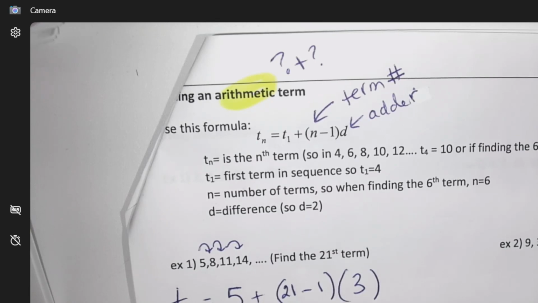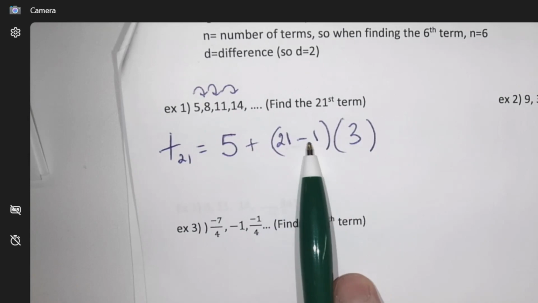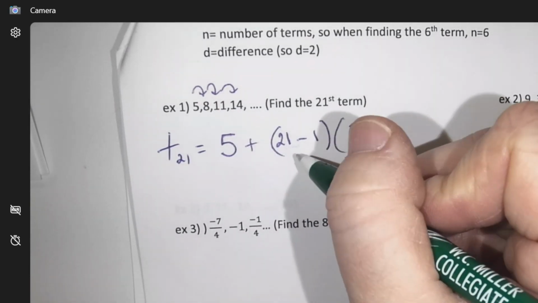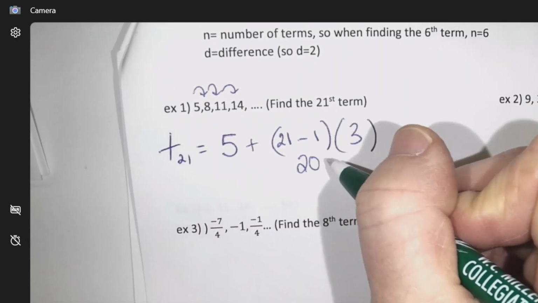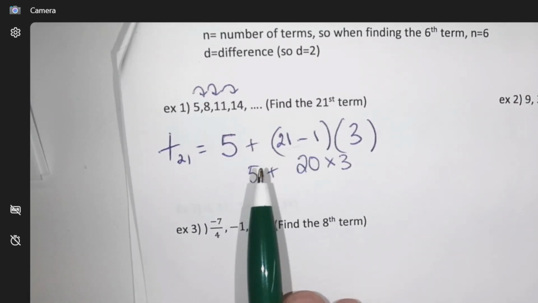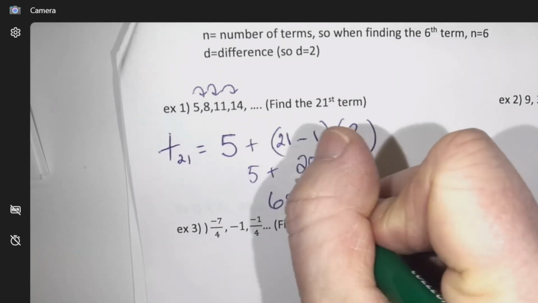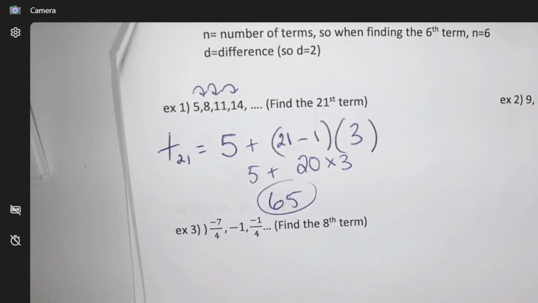Okay. Please understand how to type this into your calculator. You would need brackets on that. So like for me, this is 20. I would have to do BEDMAS, times before you add. When you are typing it into your calculator, show me that you can type it in properly and you should be getting 65.